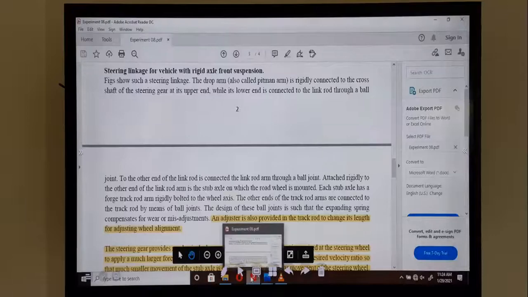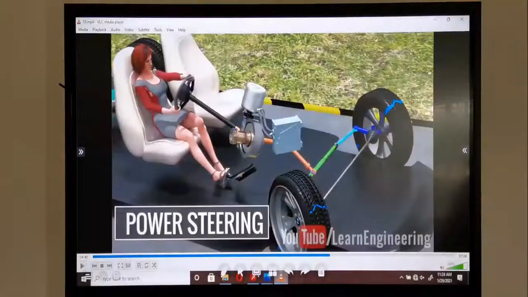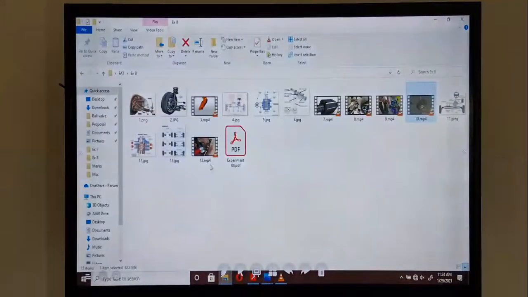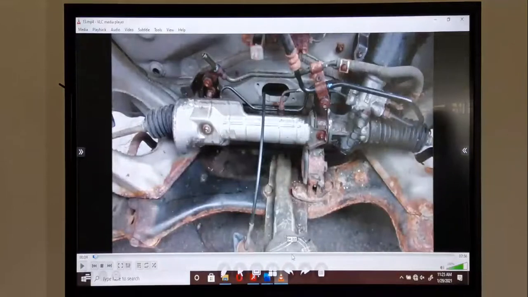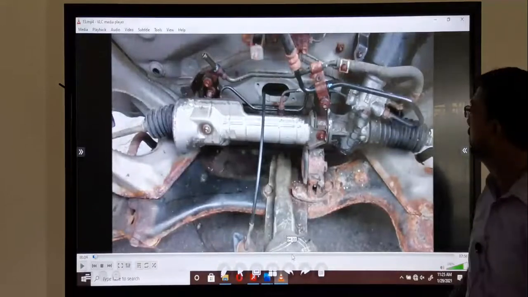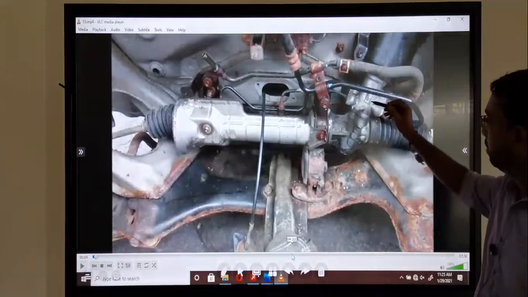Now we study another video, where you can see this very clearly. Here you can see this power steering. This is the steering column and here is the inside of the pinion.